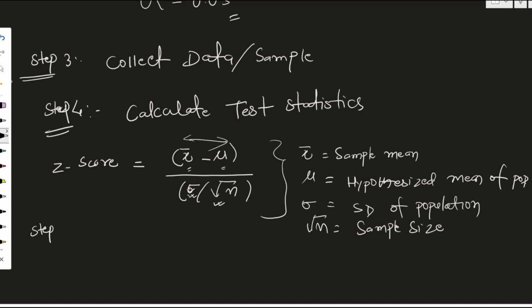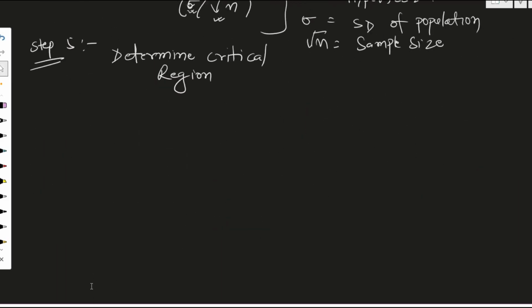In step 5, we have to determine the critical region. In step 6 we have to make a decision based on the test statistics and the critical region.